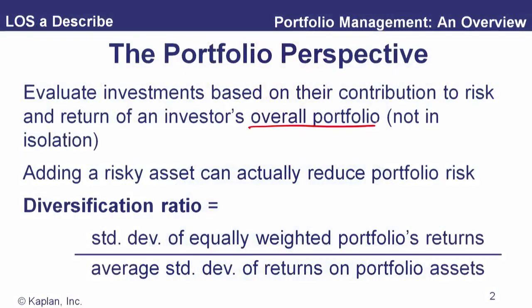So adding a risky asset can actually reduce portfolio risk. We have here the diversification ratio, which is the standard deviation of an equally weighted portfolio's returns. Take the portfolio, say 100 securities, weight them equally, find the standard deviation, and divide it by the average standard deviation of returns on the portfolio assets.